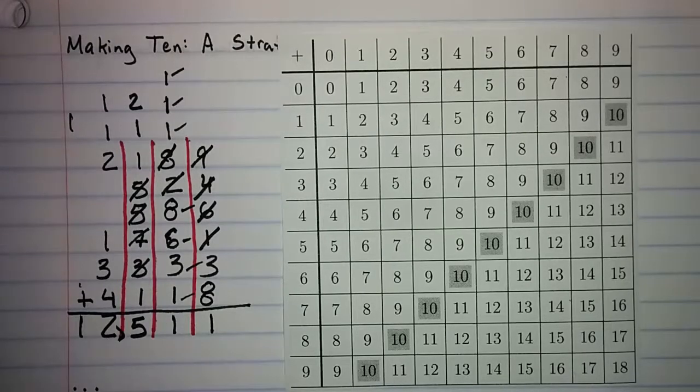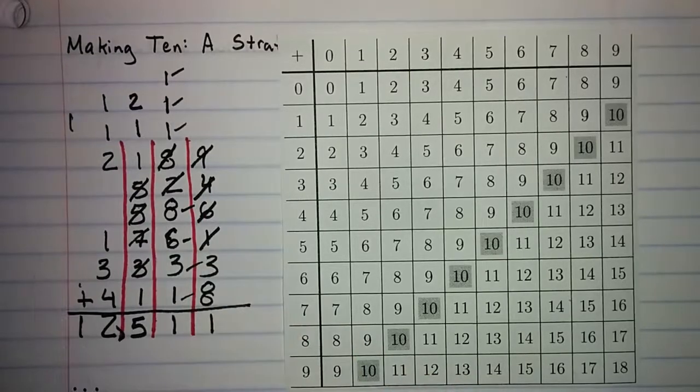Now I talked through that pretty fast. You might want to go back and watch it again. I'm going to have you try one of these. If this strategy seems to make these problems easier for you, you may use it. Otherwise, you can just do it one digit at a time, or you can even work long sums by adding the first two numbers, then adding the third one on, adding the fourth one on, and so on.